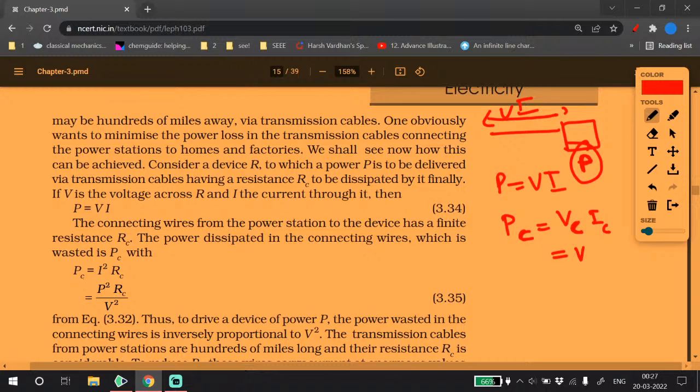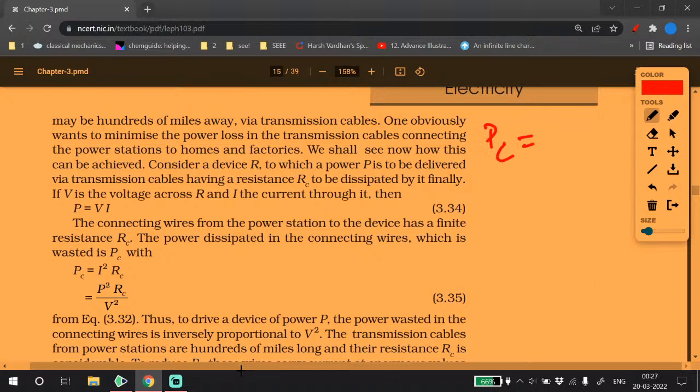The IC would be VC by R. Because the current will be the same throughout, PC is I square RC, and I is P by V, so PC is P square by V square into RC.